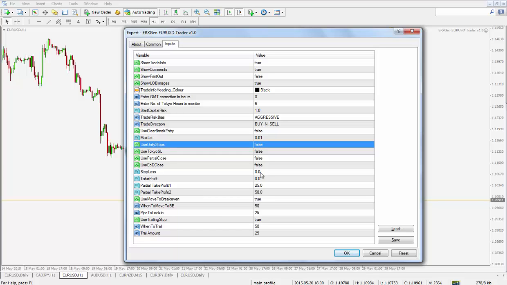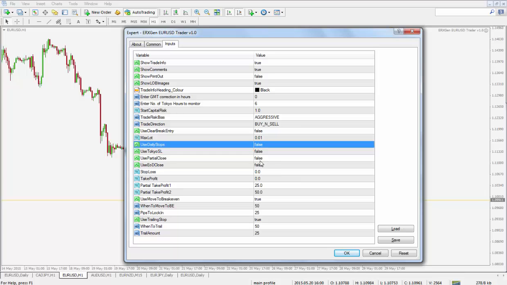Stop loss. The user can manually put on stop losses. So if you don't want to use the daily stops, or you don't want to use the Tokyo stop loss, you can use a manually entered stop loss in pips. So if you want your stop loss to be 50 pips, 20 pips, 25 pips, 150 pips, just put it on there.